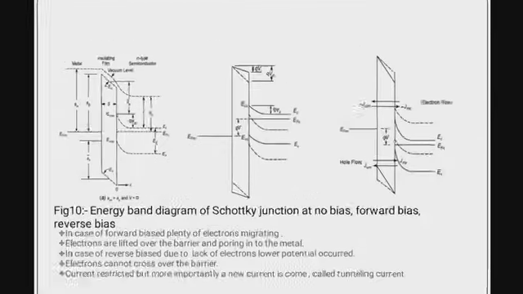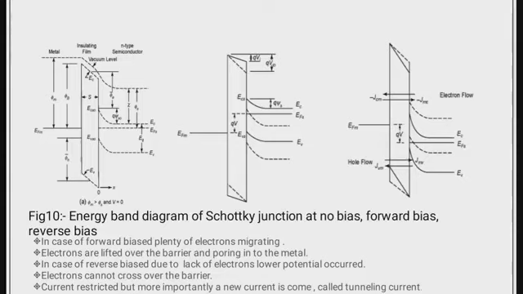What is basically happening? In case of forward biased, this is the forward condition, and this one is the reverse condition. The same phenomenon happens. In case of forward bias, this portion is shifted up.